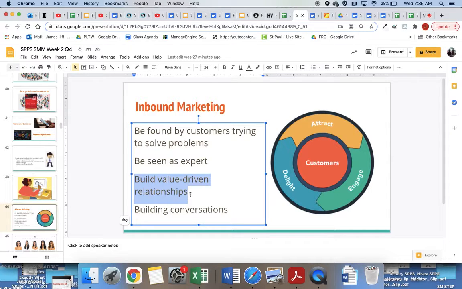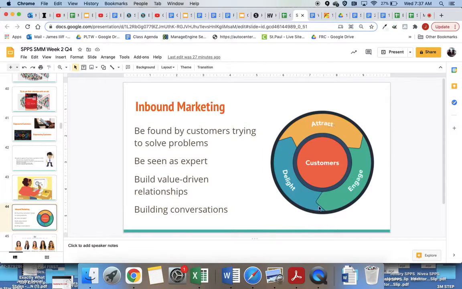They see that, and that's the relationship that you're building with them. You're not trying to be annoying and interrupt them. And it allows you to also build conversations easier because they found you trying to solve a problem. They see you as an expert, and now they're more likely to engage in conversation, which is really powerful.